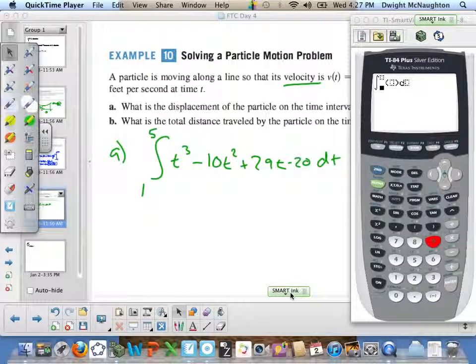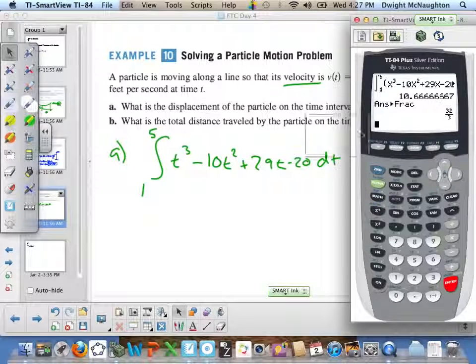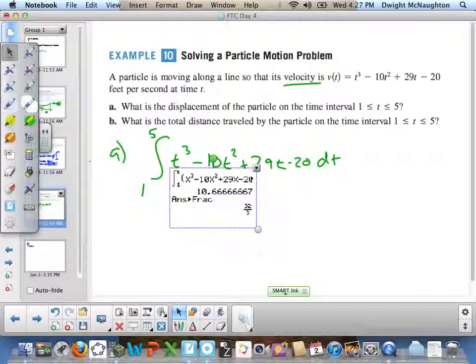The antiderivative from 1 to 5 of t cubed minus 10t squared, and I'm changing it to x, obviously, plus 29x minus 20 with respect to x. So the net change is 32/3, or 10.667.